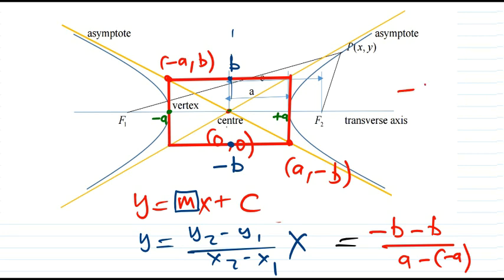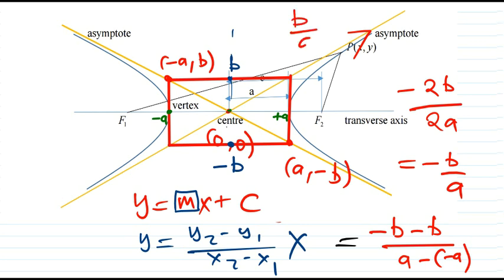So on top we're going to have negative 2b, on the bottom we're going to have a positive 2a, right? So we have a positive 2a there, and so what you end up remaining with is, you just have negative b over a. If you apply the same principle on this other axis that is sloping upwards, this one is going to be positive b over a.